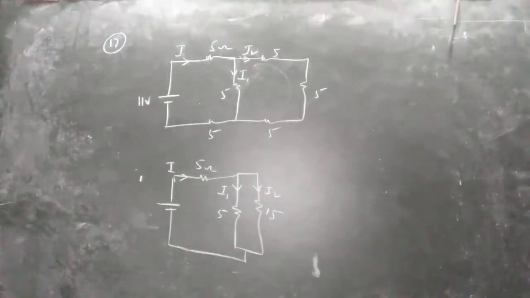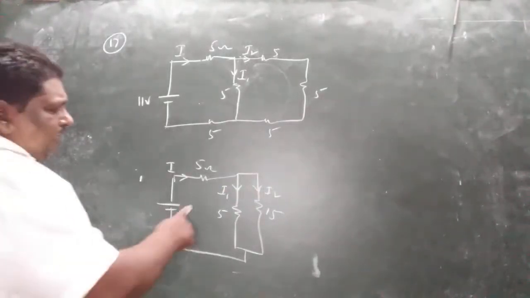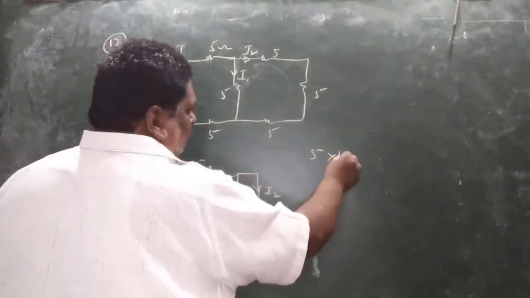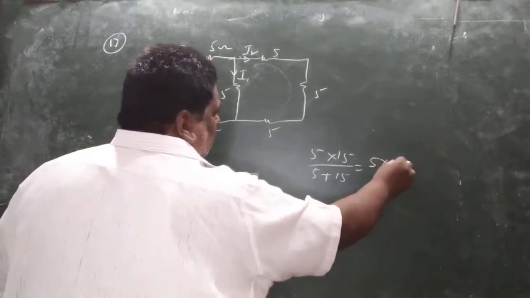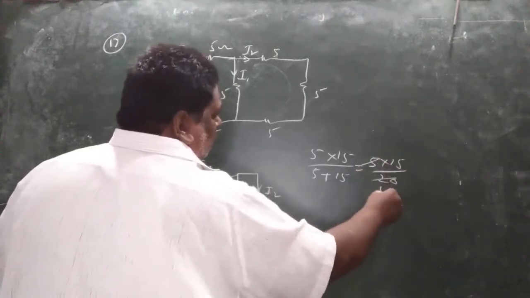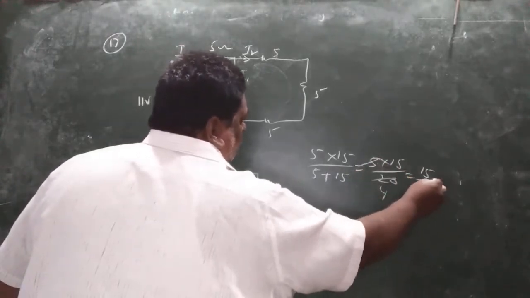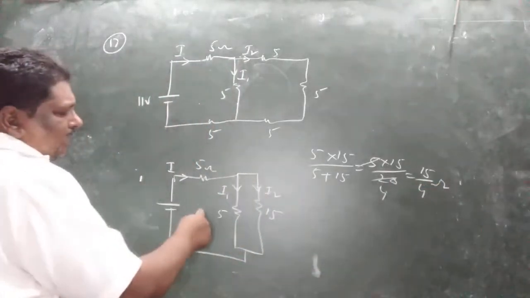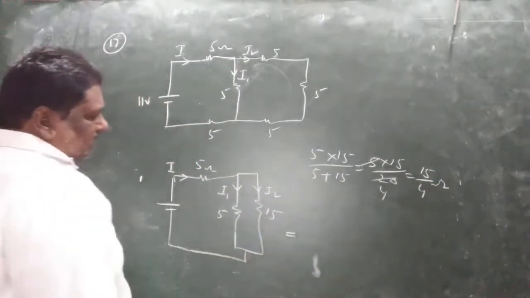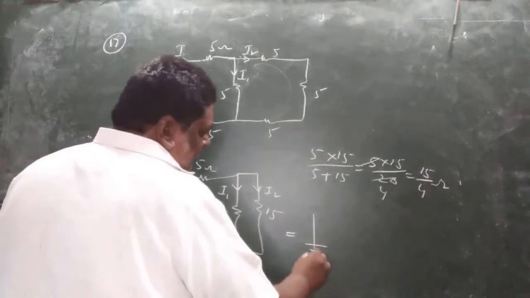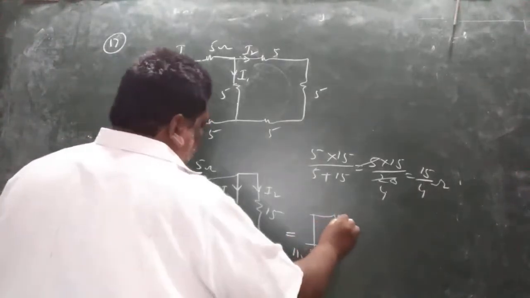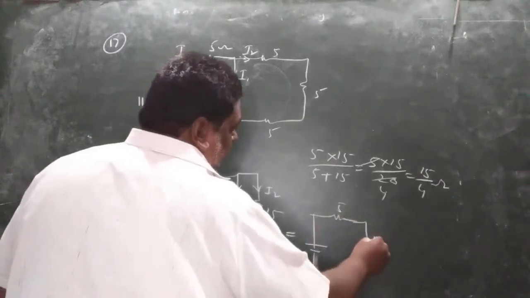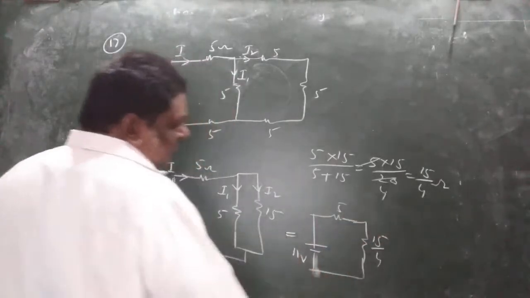You can simplify like that. So 5 into 15 by 5 plus 15, 5 into 15 by 20. 5 4 times. So 15 by 4 ohms is the equivalent resistance of this. So I shall write like this: 11 volts, here 5, 15 by 4.